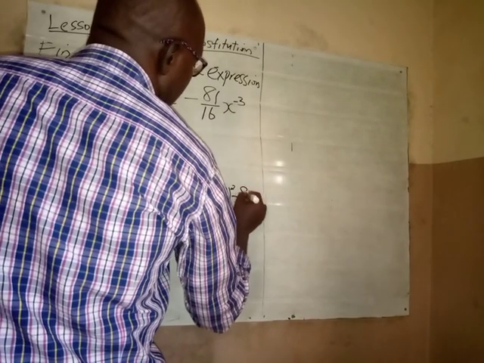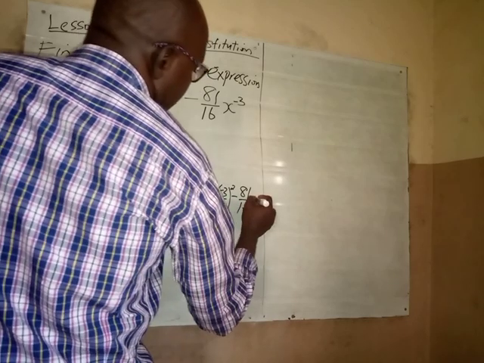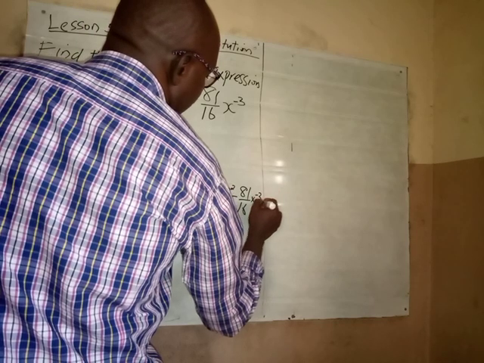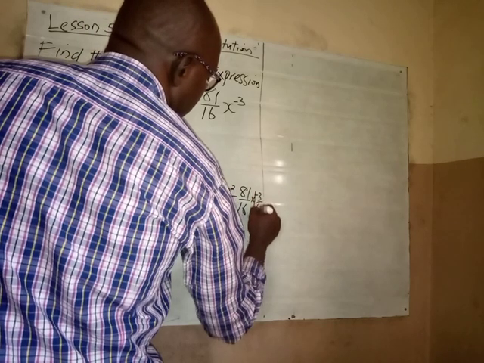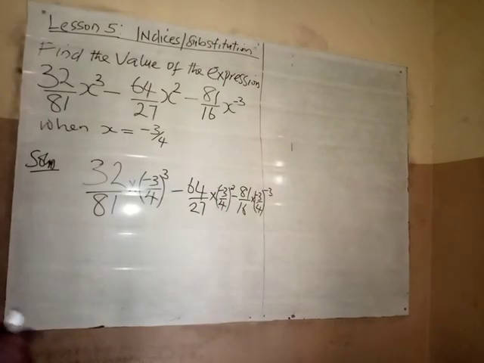Minus 81 over 16 times minus 3 over 4, all raised to power minus 3.